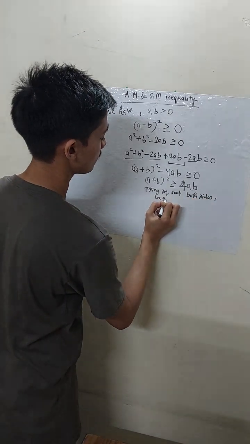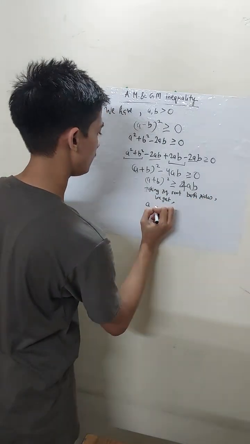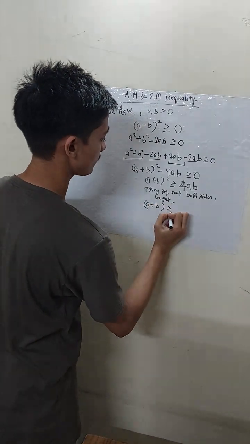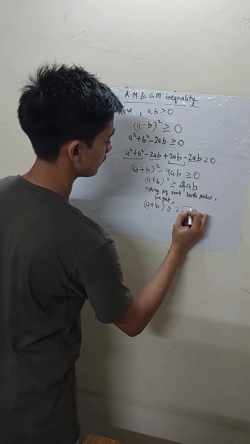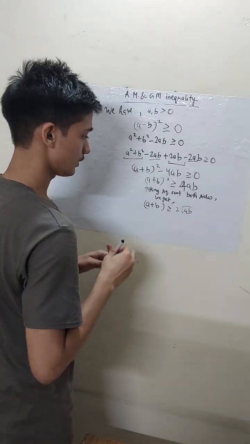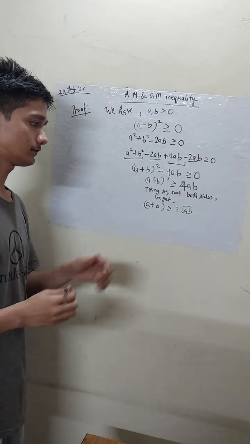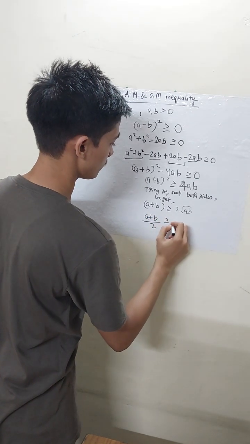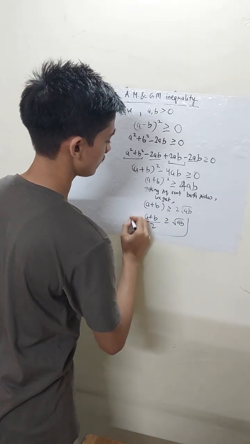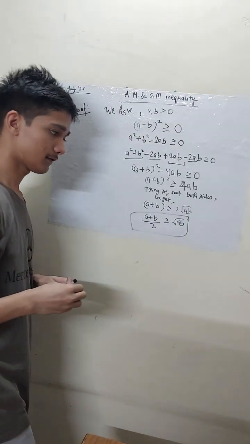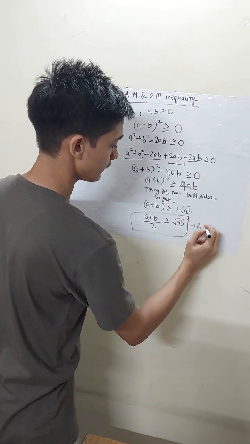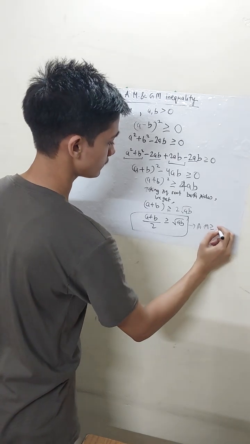We get A plus B is greater than or equal to 2 under root AB. So this is a famous inequality. A plus B over 2 is greater than or equal to under root AB. So here we have the result which says that AM is greater than or equal to GM.